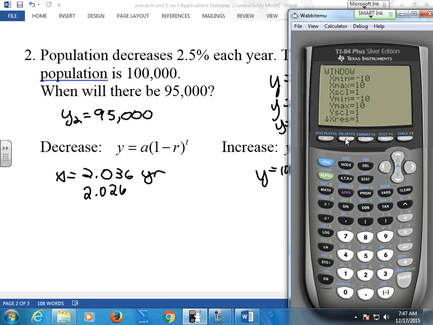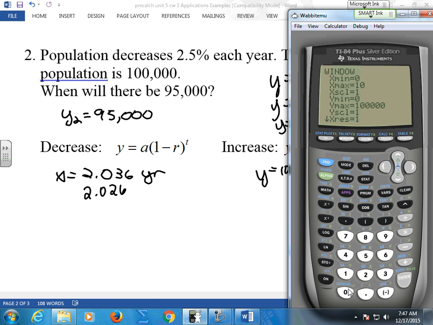Obviously, I know my X-mins, I know my Y-mins. They're zeros. And my X-max, what's my Y-max going to be? 100,000. That's what I'm starting at. Make it a little bit higher if you wanted to. You should still be in your intersect should still be good enough, but make it a little higher if you feel like it. Try it.